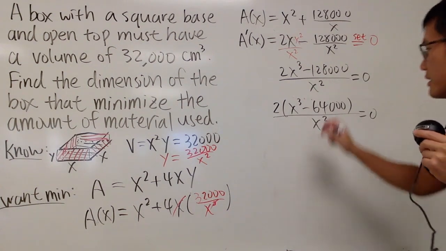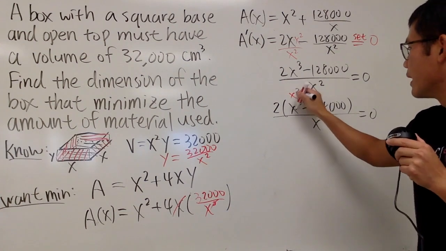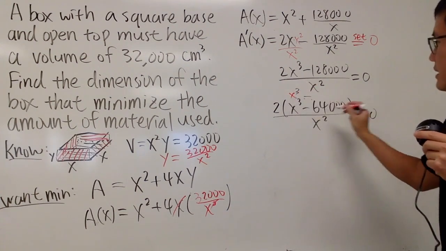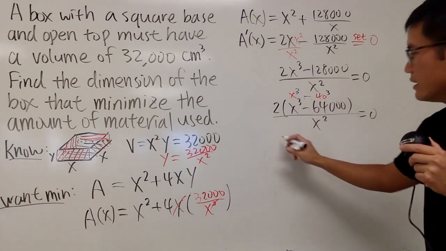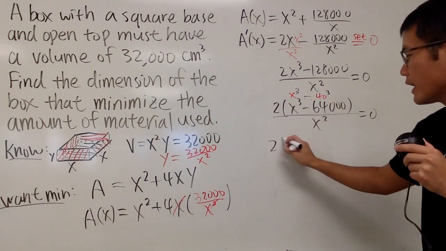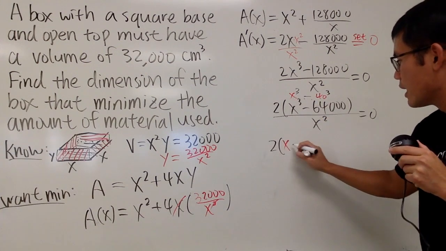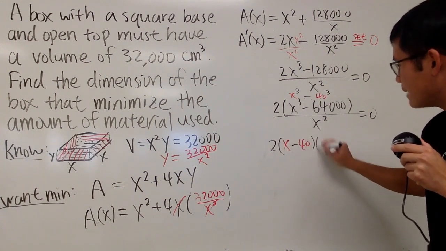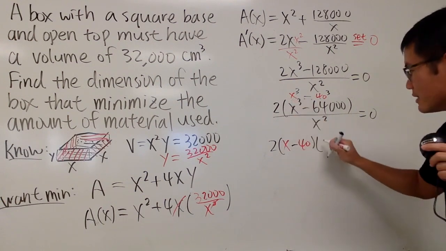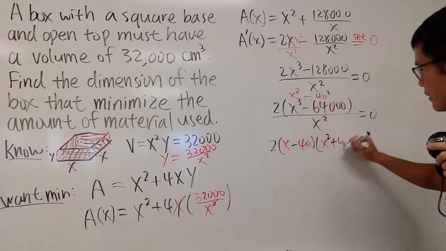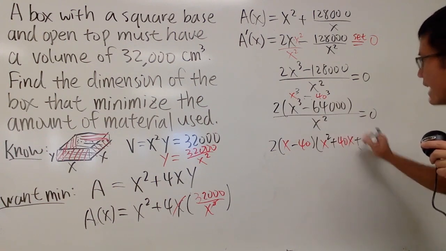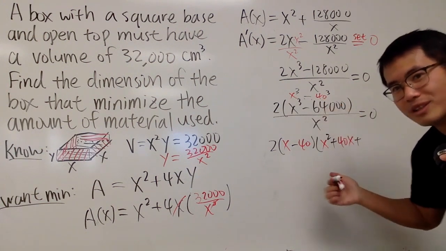In fact, we can factor this, since x cubed minus 64,000 is the same as x cubed minus 40 to the third power. To factor this difference of two cubes, we get x minus 40, times x squared plus this times that, which is 40x, plus this squared, 40 squared is 1600.